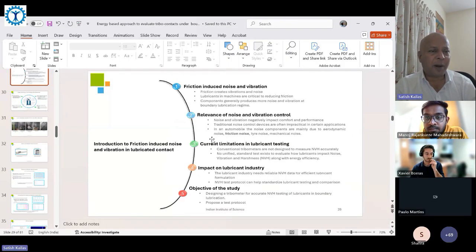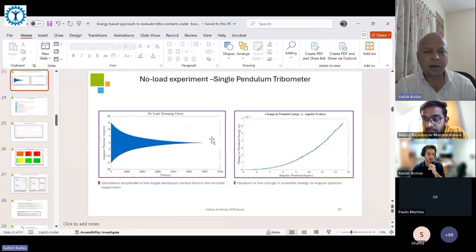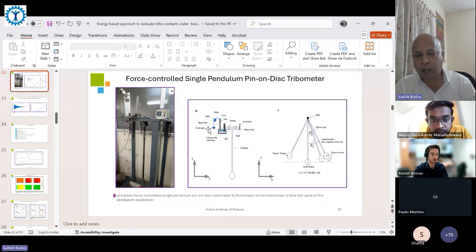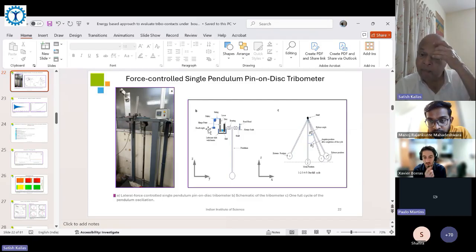The schematic is the same. Here you see there's a tribo contact, right? I can remove this tribo contact, and then I swing the pendulum.